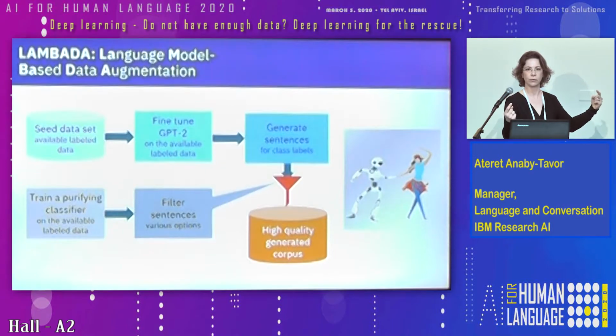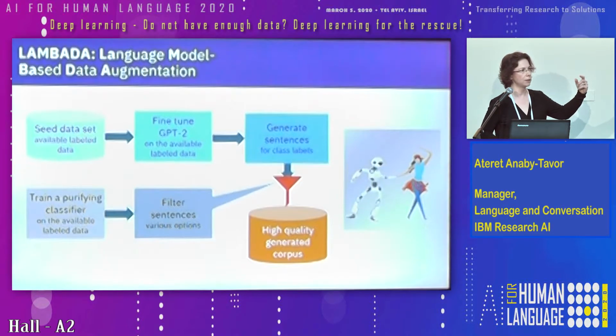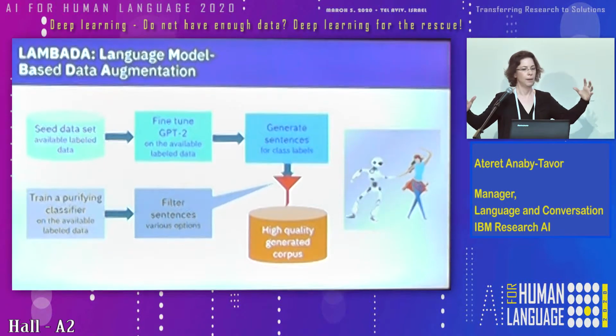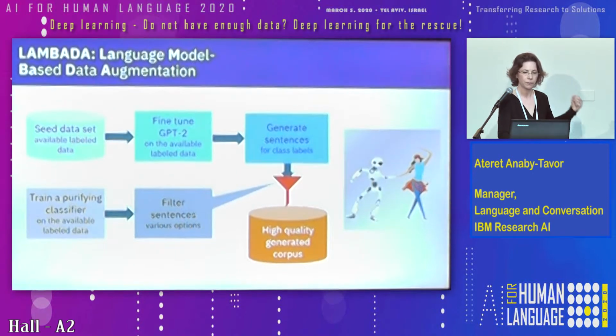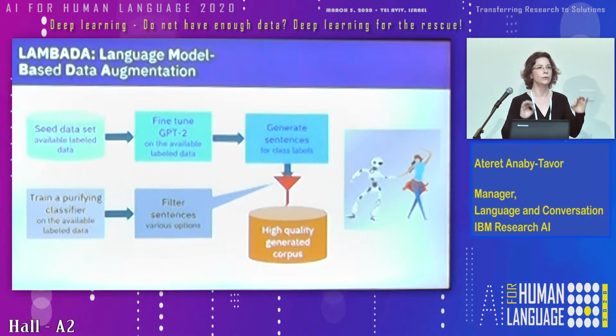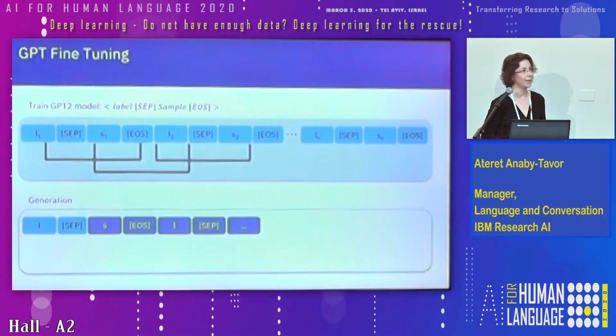If there was a disagreement, we removed the sentence from the corpus. And that corpus became the high quality generated corpus that we took to the next level to train the classifier. In a minute, I'm going to show you very nice results that we achieved with this method.